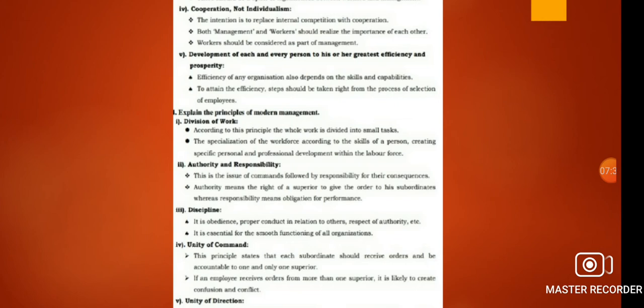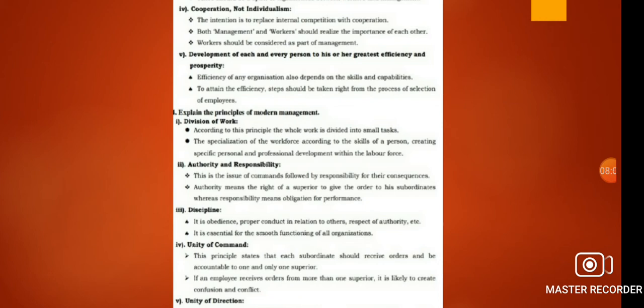Then second one, authority and responsibility. Authority means the right of a superior to give orders to his subordinates, whereas responsibility means obligation for performance. Then third one, discipline. It is obedience, proper conduct in relation to others, respect of authority, etc. It is essential for the smooth functioning of all organizations.